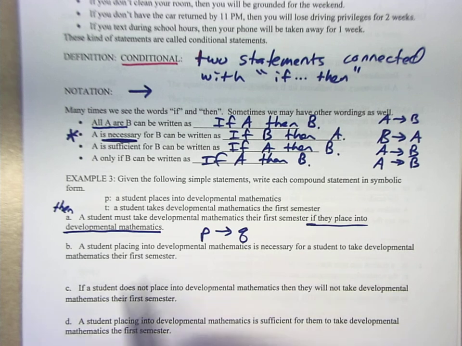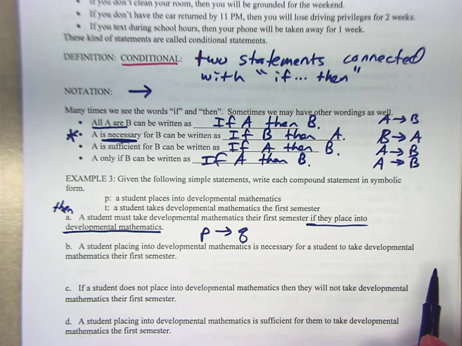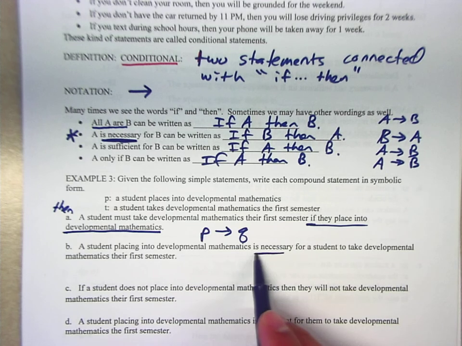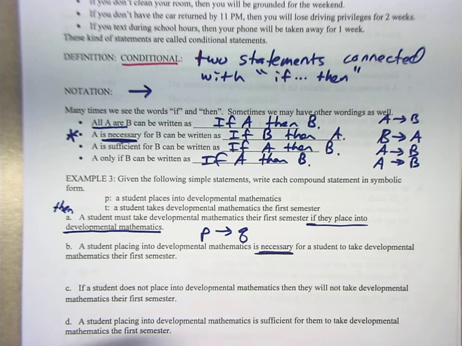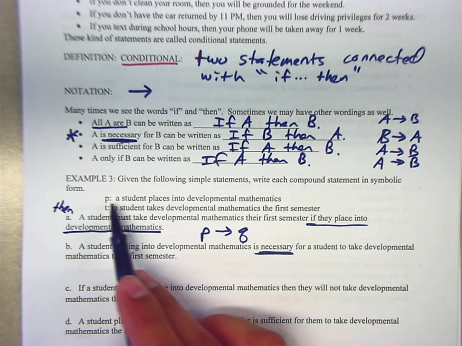All right. Here we have: a student placing into developmental math is necessary for a student taking developmental math. Okay, so here's that "is necessary." This is the one that's going to be flipped from the order we see in the sentence. A student placing into developmental math, that is P, right?